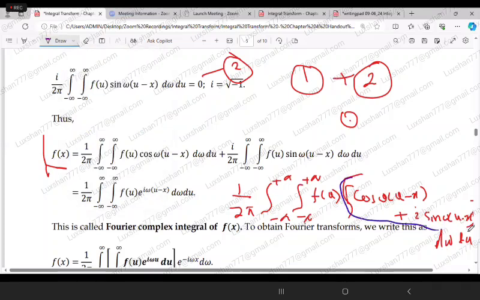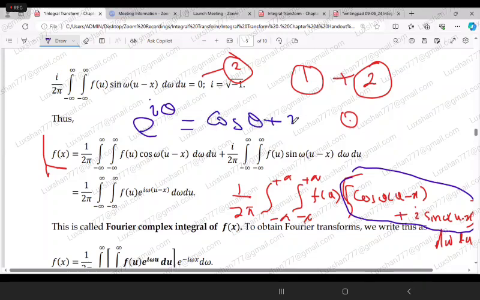Can you remember, e to the power i theta equals what? We know that it is cos theta plus i sin theta. So cos theta plus i sin theta can be written as e to the power i theta. So what we have here, cos omega (u minus x) plus i times sin omega (u minus x), you can write as e to the power i omega (u minus x).